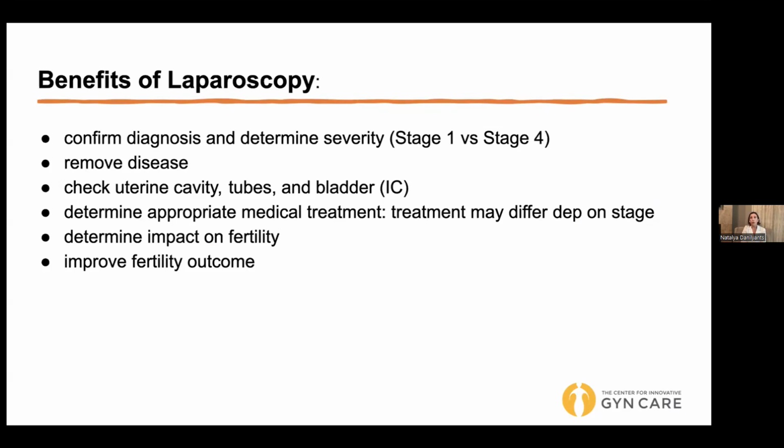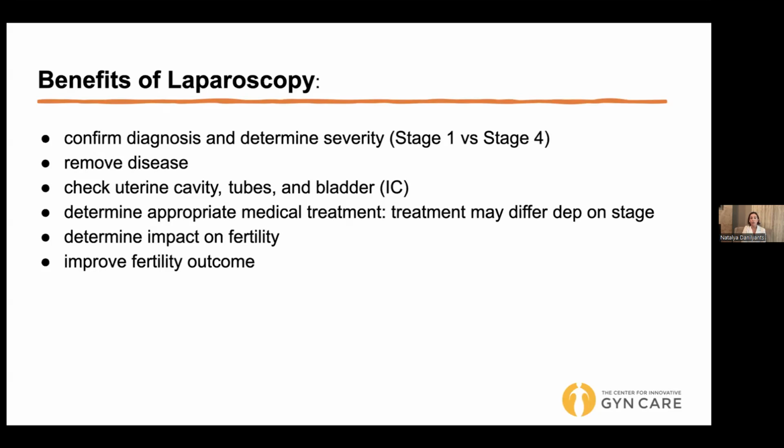So the point there is that yes, endometriosis can come back even though you remove it, but you really don't know what stage of endometriosis we're dealing with. And depending on the severity of the disease, our treatment approach is going to be very different, right? So even though endometriosis can come back in stage 1, just like it comes back in stage 4, you're going to manage it very differently.